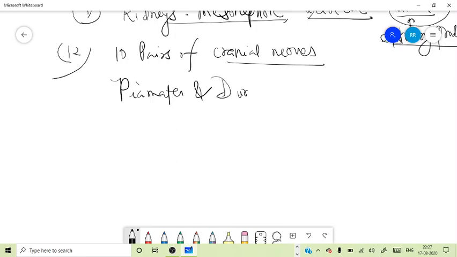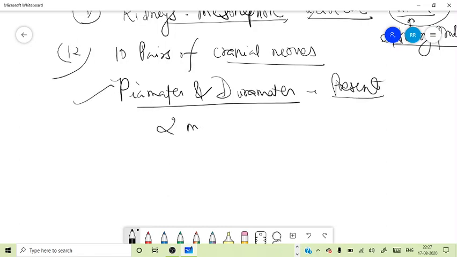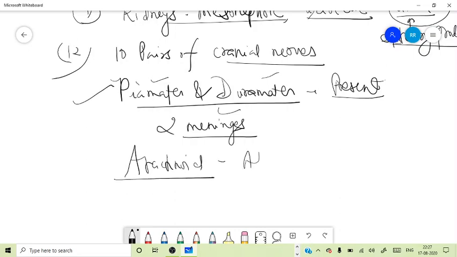Both are present. So two meninges in amphibians. One inner is pia mater and outer is dura mater. But here arachnoid is absent. So only two meninges are present in the brain of amphibians, and there are 10 pairs of cranial nerves.